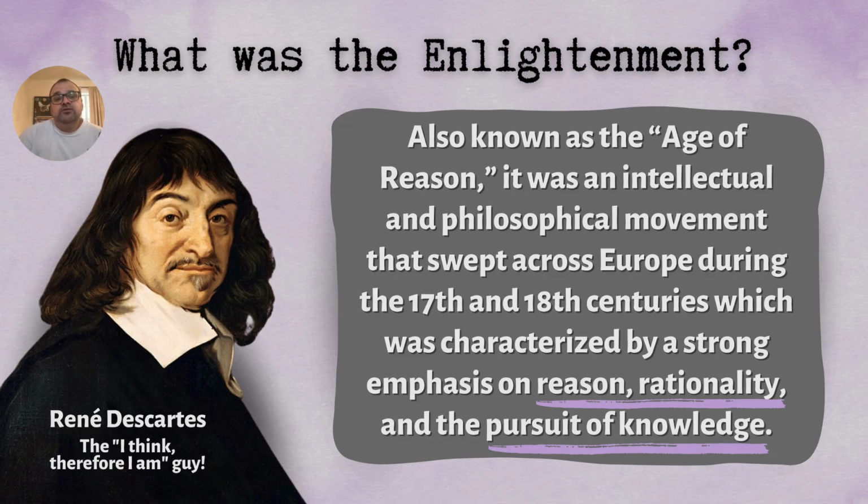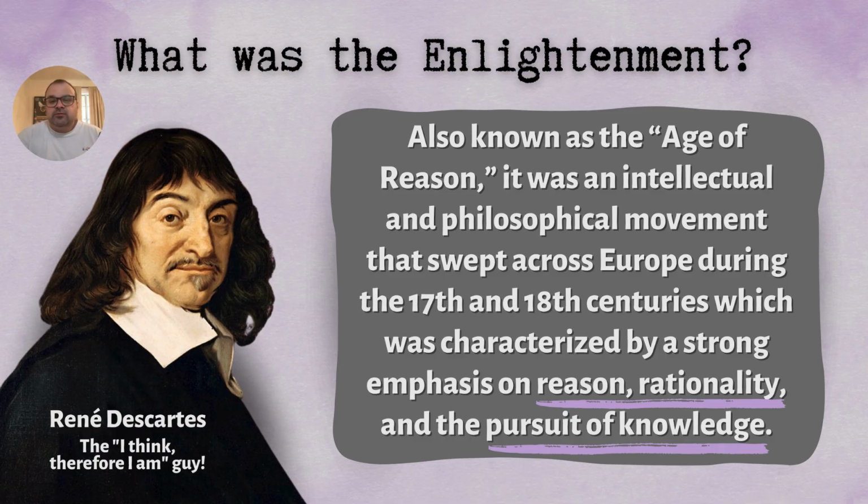So first, what we need to do is really define what the Enlightenment is and what it was. The Enlightenment really is this intellectual and philosophical movement, this movement of thought and philosophy that sweeps across Europe during the 17th and 18th centuries, so the 1600s and the 1700s.